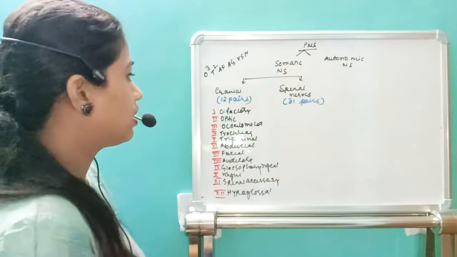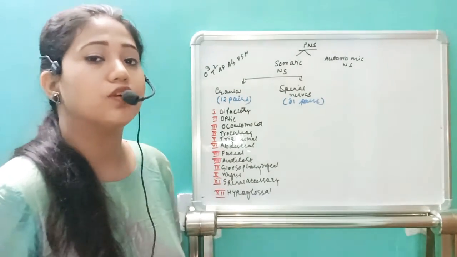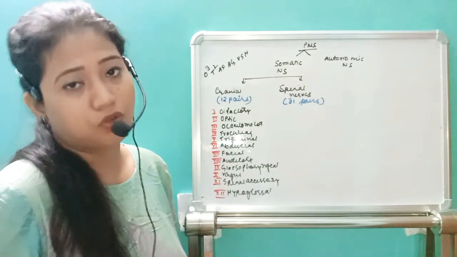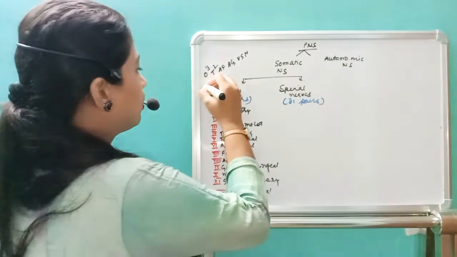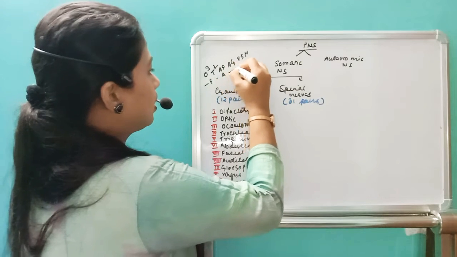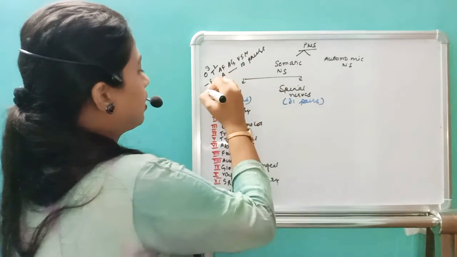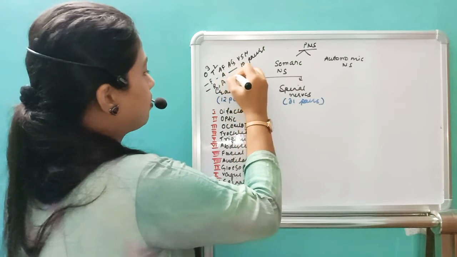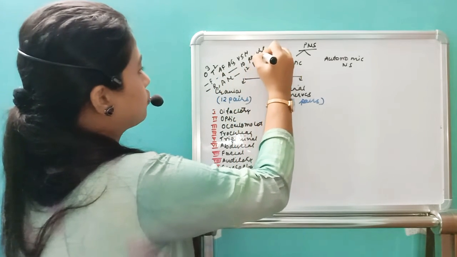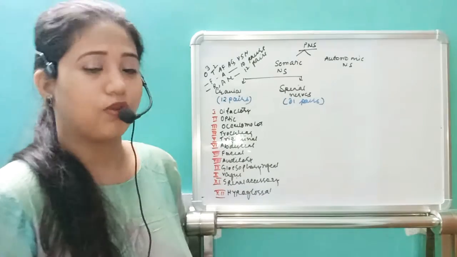Now you need to know that in vertebrates, how many cranial nerves develop. The fishes and amphibia have 10 pairs of cranial nerves, but reptiles, aves and mammals have 12 pairs of cranial nerves. So this thing you have to remember.